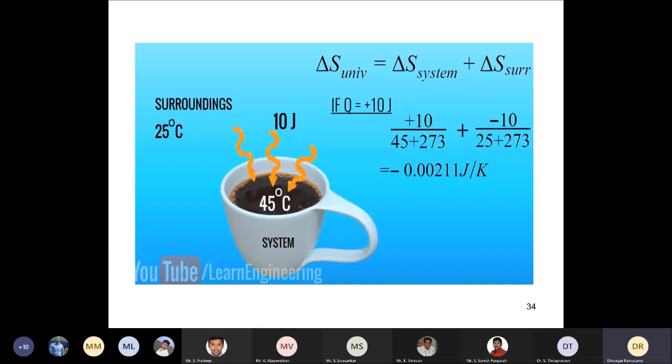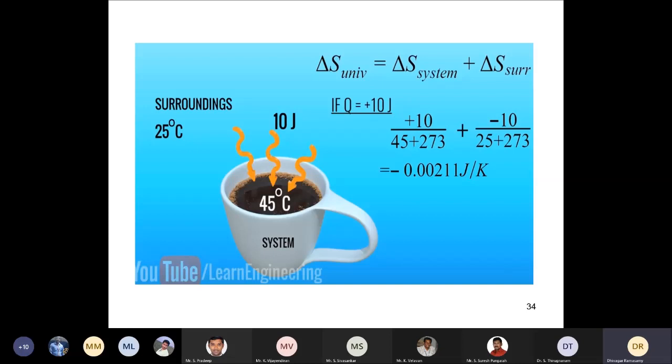It is absorbing 10 joule from the surroundings, which means the surroundings have lost 10 joule of heat. Am I right? So plus 10 divided by 45 plus 273, plus minus 10 divided by the surrounding temperature, 25 plus 273. The value of del S of the universe will be minus 0.00211 joule per Kelvin. Is it possible?